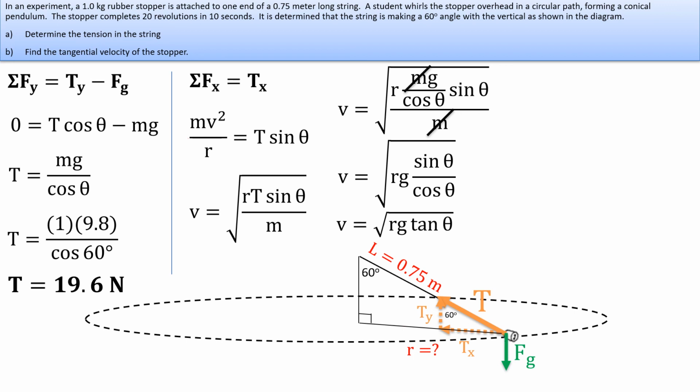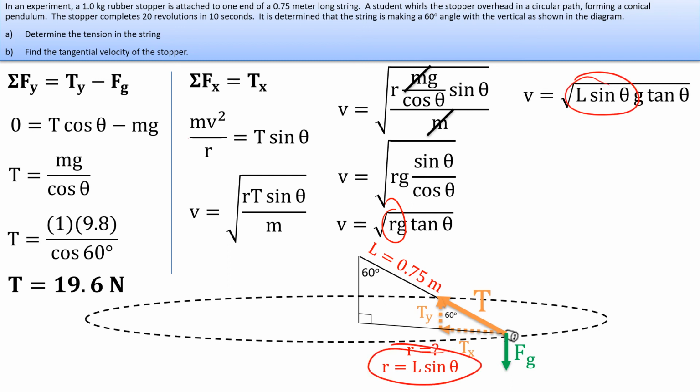So if you know this is the angle, this is the hypotenuse, and you're looking for this, what identity would you use? R is opposite the angle, so you would use the hypotenuse times the sine of 60. So instead of R, you can write in L sine theta, and it's down here too.